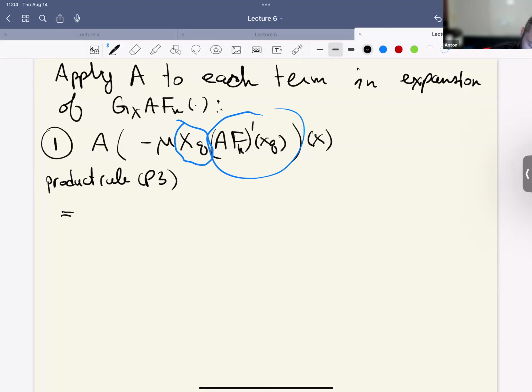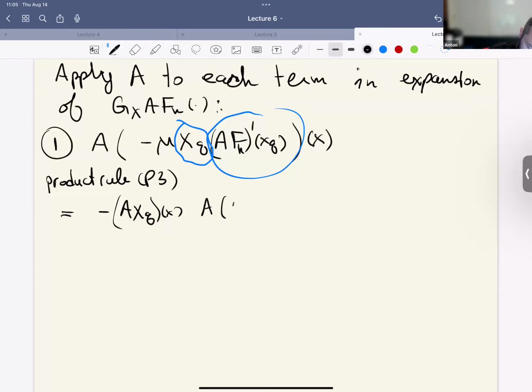This is equal to negative A of x sub q of x. So I'm doing it with this funny notation. Instead of reintroducing more notation to define this linear function, I'm simply treating this x sub q as being a function, which is the identity function.